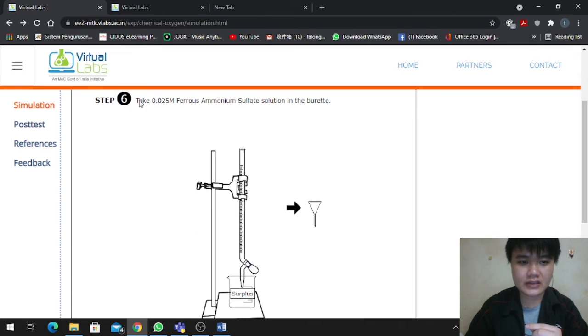Step 6. Take the 0.025 molar ferrous ammonium sulfate solution in the burette.